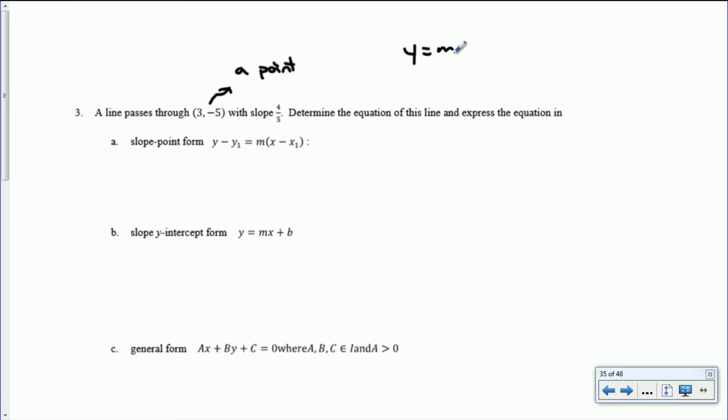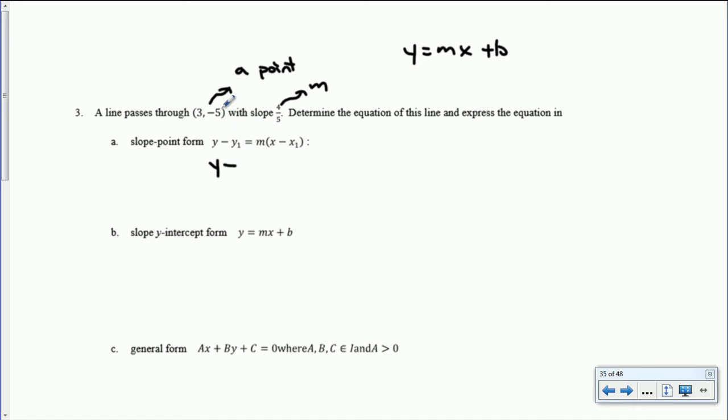So we can't use slope y-intercept form right out of the box because this is just a random point. We have the slope though, so that's m. So given a random point and the slope, we use slope point form. So that would be my first choice anyways. So I guess it's helpful that that's what they want first.